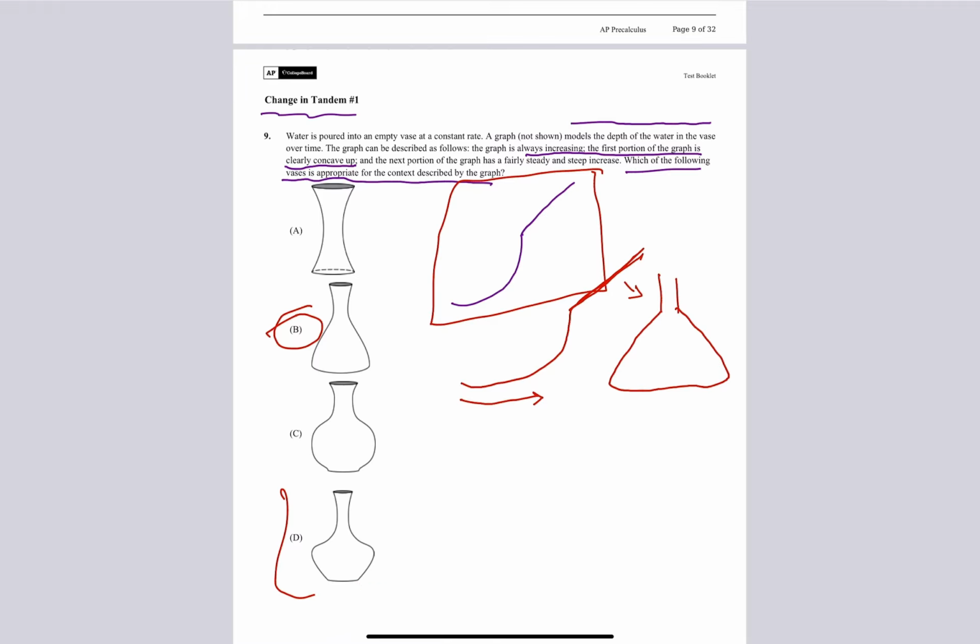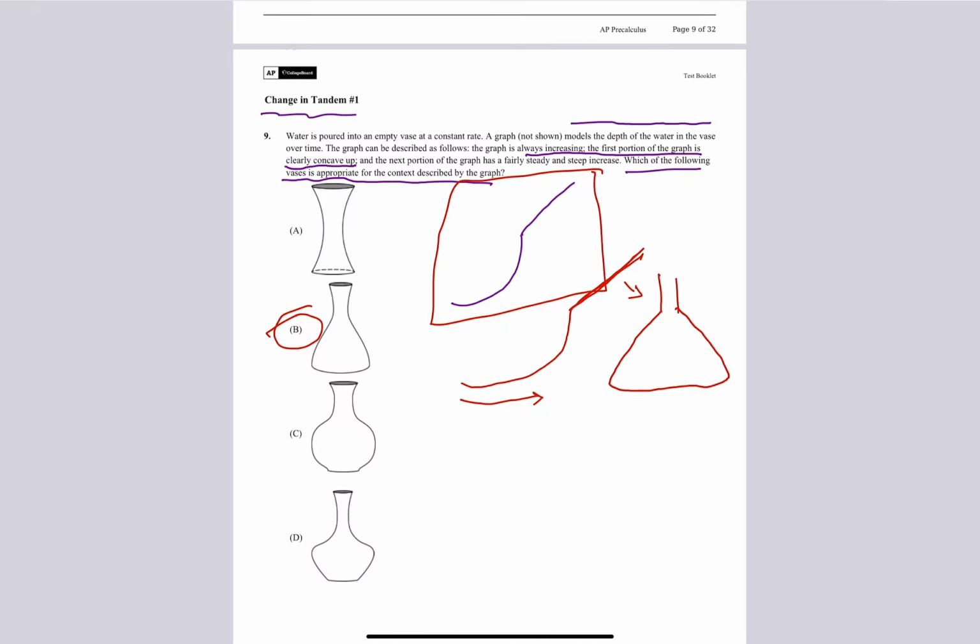Now, why isn't it D or C? Well, with C, we have 3 parts to it. This is one part, this is the second, and this is the third. And we only got 2 parts in this graph, 1 and 2. Now, why isn't it D? Same story. We got this part, then we have this part.